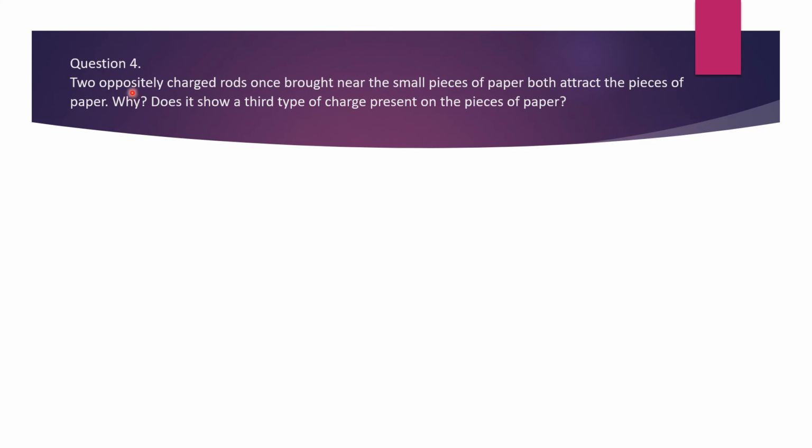Question 4. Two oppositely charged rods, once brought near the small pieces of paper, both attract the pieces of paper. Why? Does it show a third type of charge present on the pieces of paper? The key point. Dipoles are formed within any object when a charged rod is brought near it.